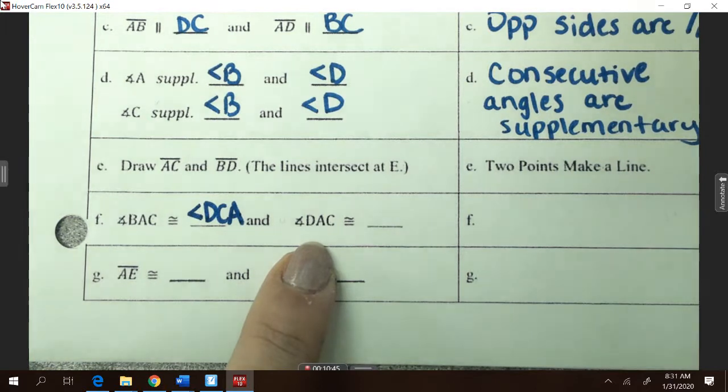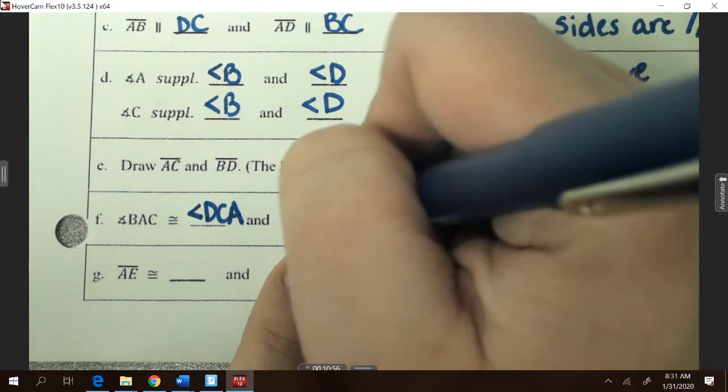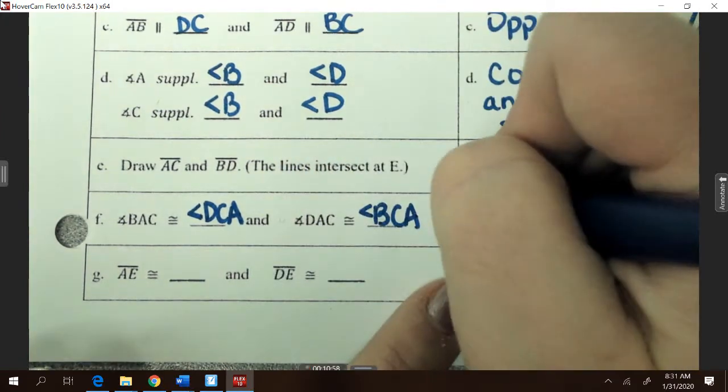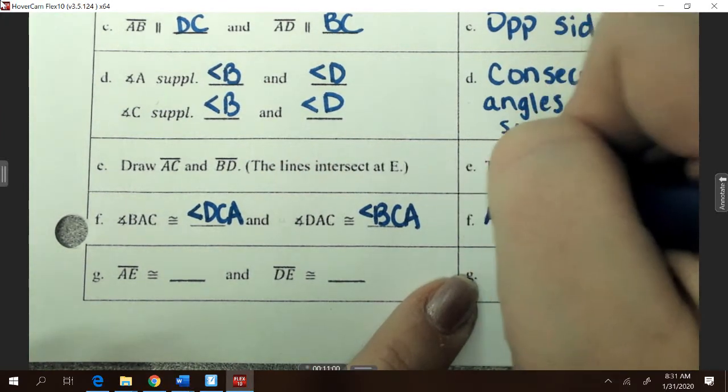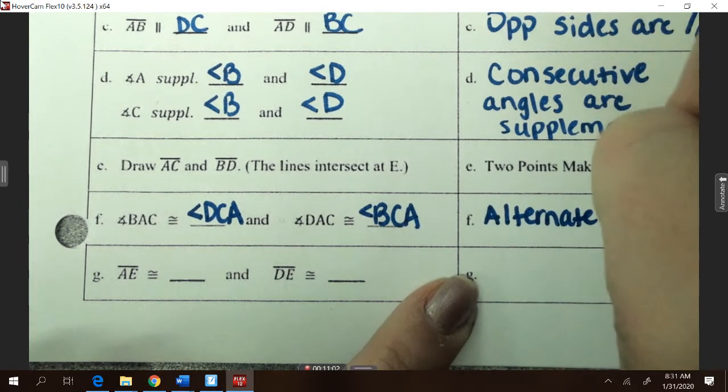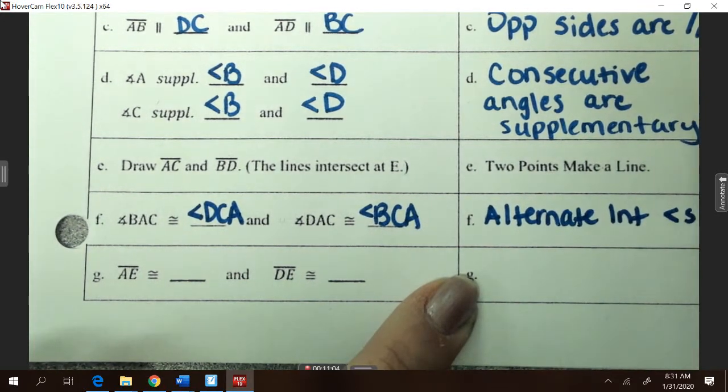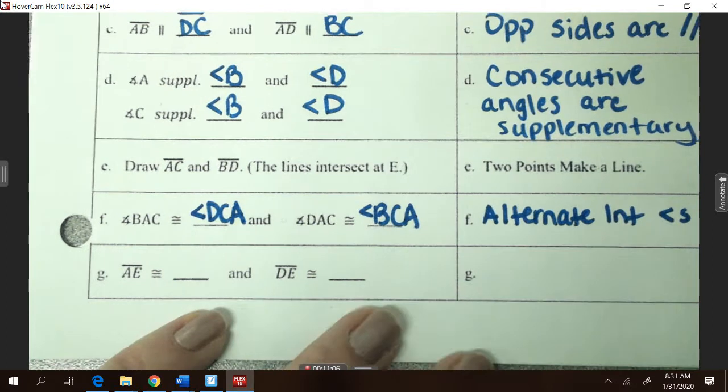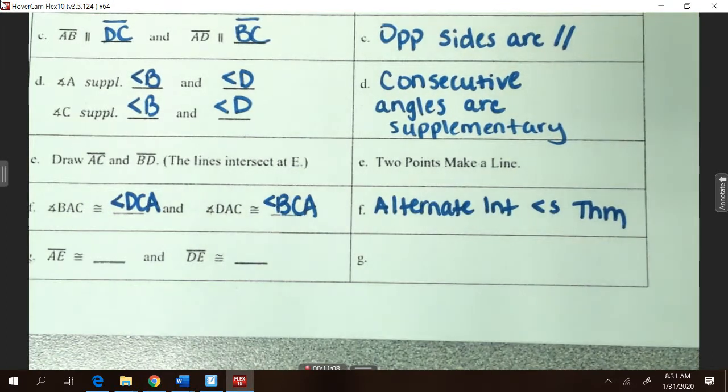Okay, and then what would be the alternate interior angle of DAC? DAC would be congruent to BCA. Very good. Angle BCA. Okay. That is the alternate interior angle theorem. Right? Because the lines were parallel, we could say that the alternate interior angles were congruent.